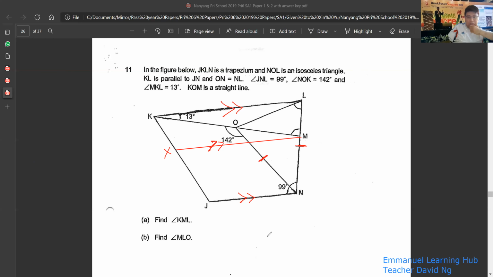Okay, first you need to see this thing. Let me see. What is your angle KMX?